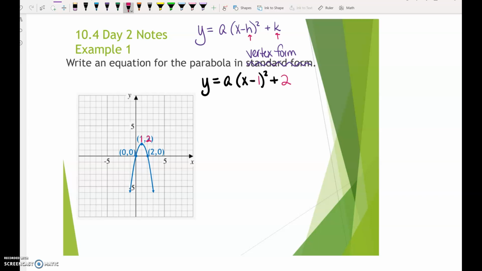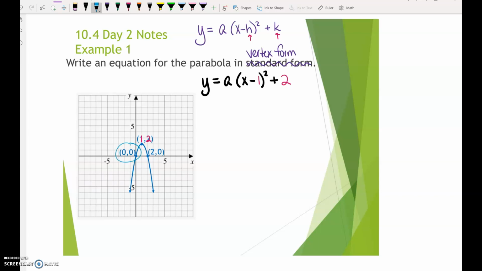Now, if our x value had been negative, then that would have been minus a negative, so it would have turned into a plus. If our y value had been negative, it'd be plus a negative, so it would be minus. Your next step is to take one of these points, and you can choose 0, 0, or 2, 0.